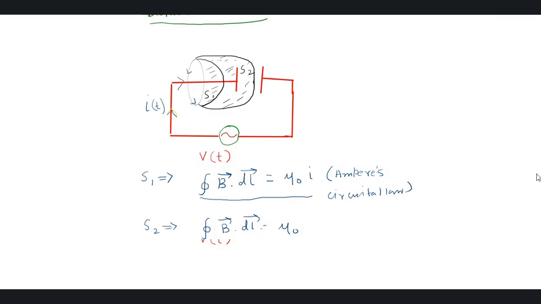So there is no current threading through the surface S2. That means this closed integral along the same contour will give us mu 0 times 0, that is 0. It suggests that there should not be any magnetic field along this contour.